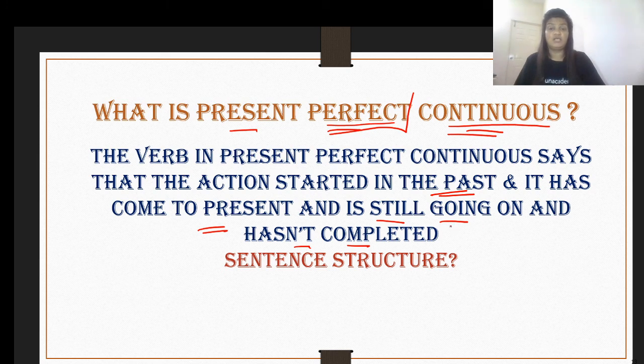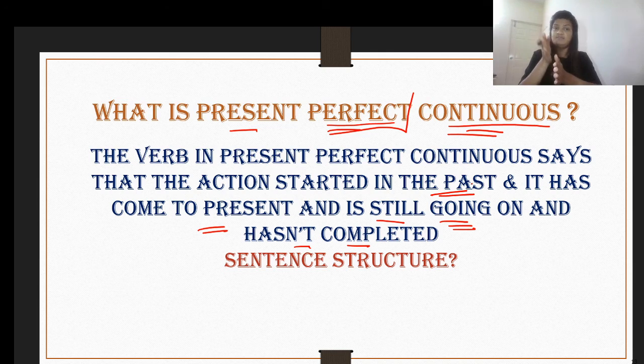It has a connection with the past, and it has come to this present situation, but it is not completed until this moment. Whatever has been done is perfectly completed, but from this moment forward, it will still go on. It doesn't specify that it has ended like present perfect does.